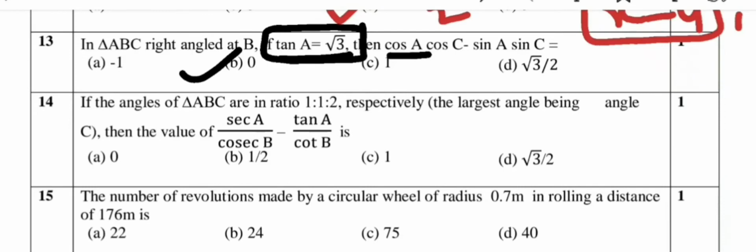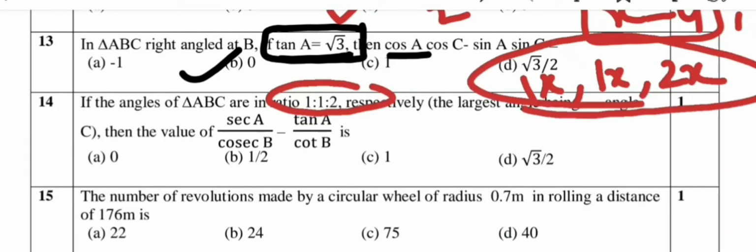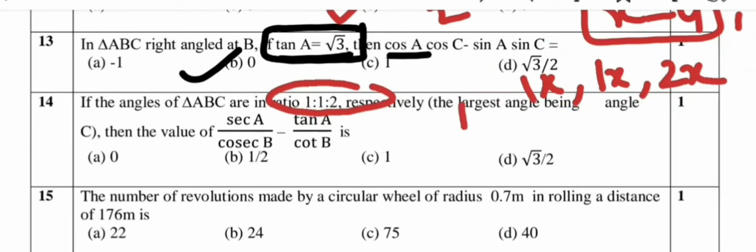Right? Now let's move to the next question. Question number 14. If angles of triangle ABC are in ratio 1:1:2. Now we have a triangle whose angles are given in ratio. So first purpose is to find the angles. Now if angles are in ratio 1:1:2, we can take angles as 1x, 1x, 2x.